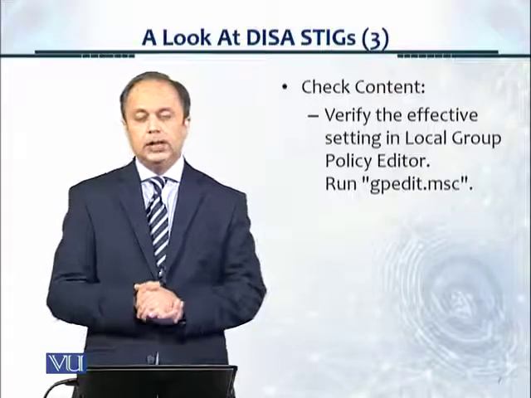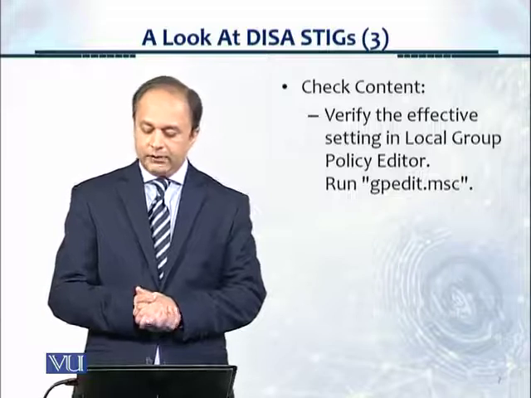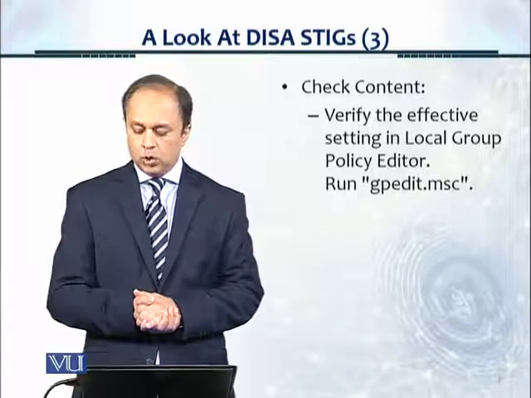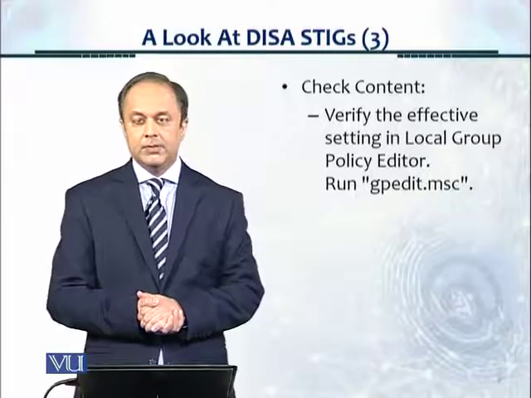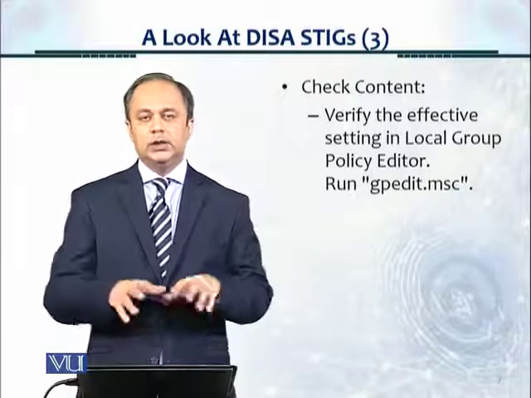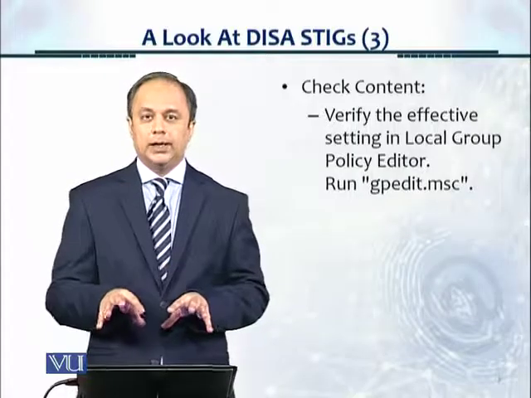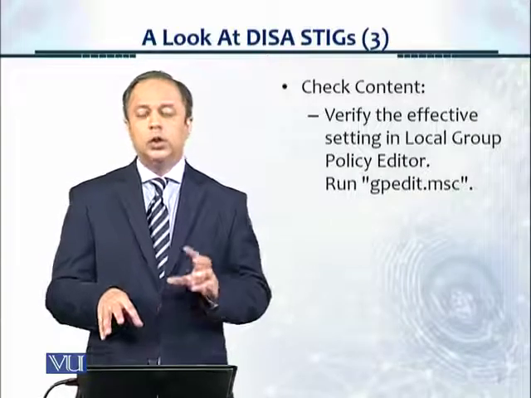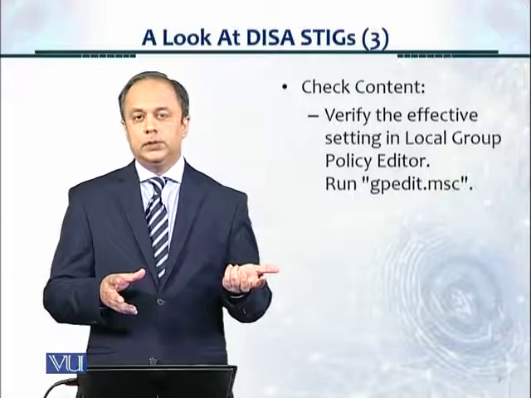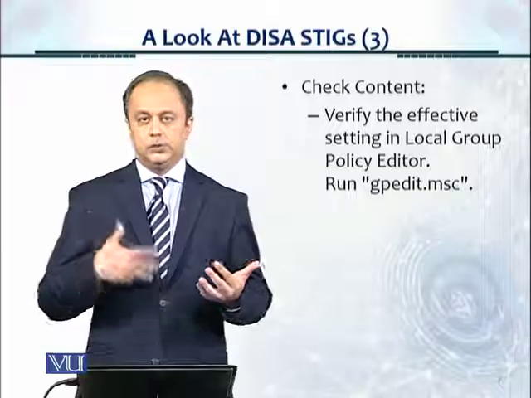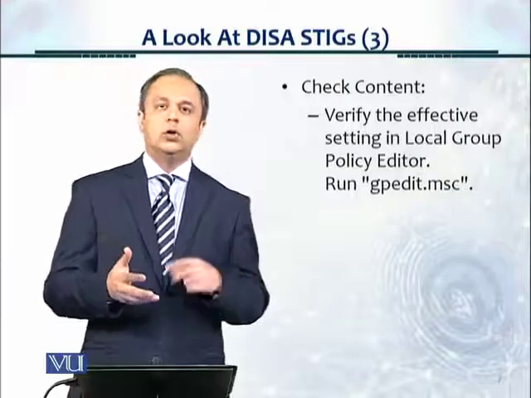So now we look at the check content field, and it says, verify the effective setting in local group policy editor, run gpedit.msc. As we can see in this control, it's giving us the guideline now on how to check it and what to do and where to go. But what it's actually telling us is that for the lockout feature, if the password is attempted several times, then the account locks out.